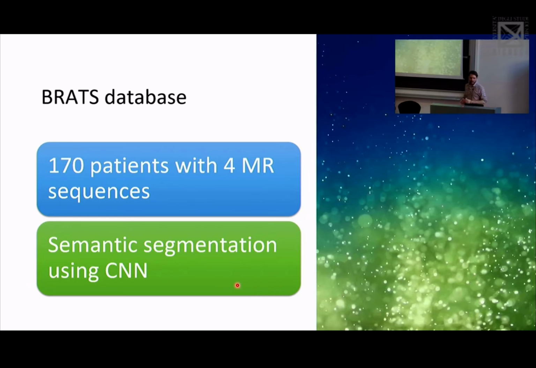Concerning the BRATS database, you can work with what I've given you, which is 170 patients with 4 MR sequences, and you can do a segmentation using convolutional neural networks, even if it's not mandatory. Generally it works relatively well.